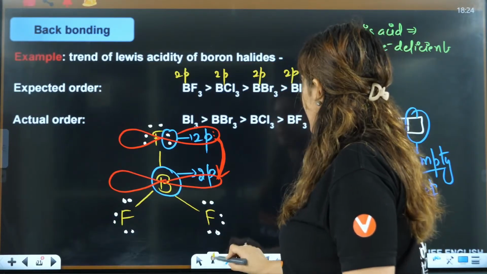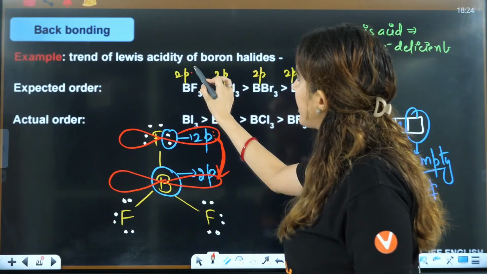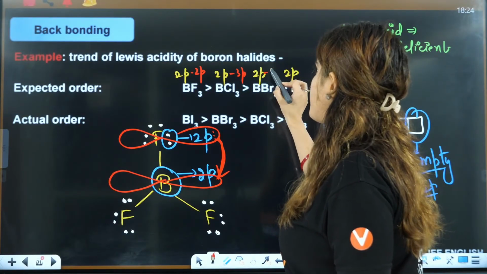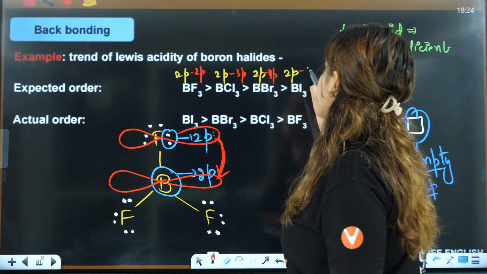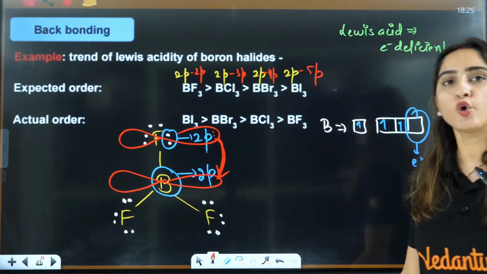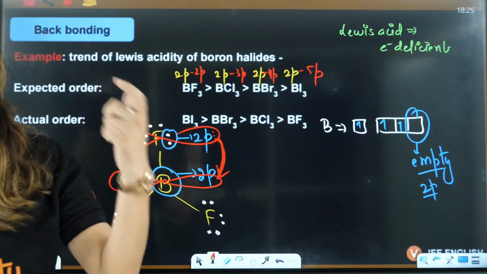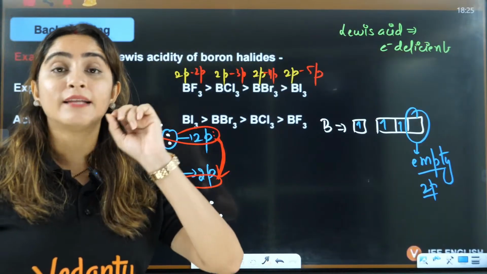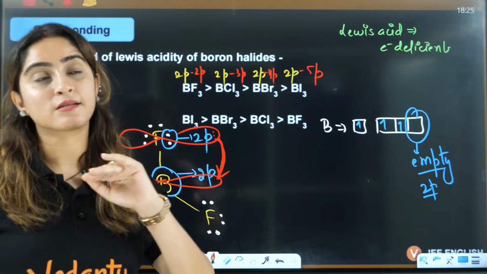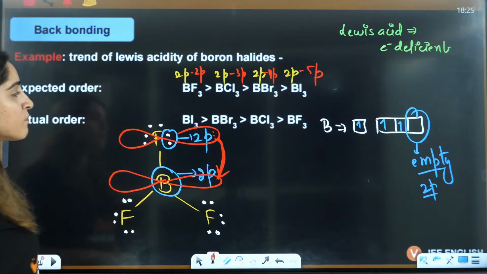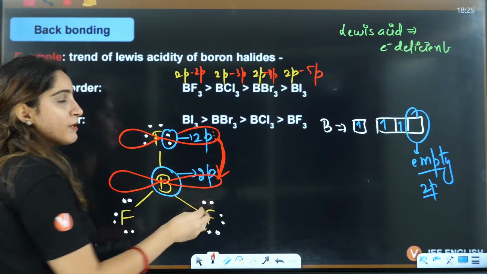But fluorine has 2p, chlorine has 3p, bromine has 4p, this has 5p. And 2p, 2p, which has nearly the same energy, that back donation is good. That back donation is better as compared to 2p, 3p, 2p, 4p and 2p, 5p. So that's why here donation will be very good.